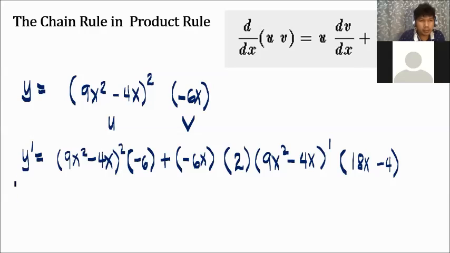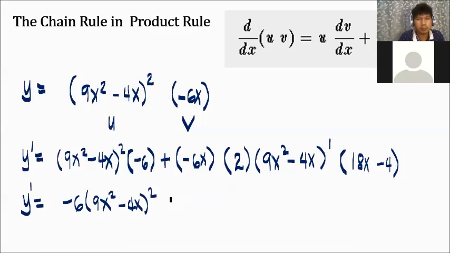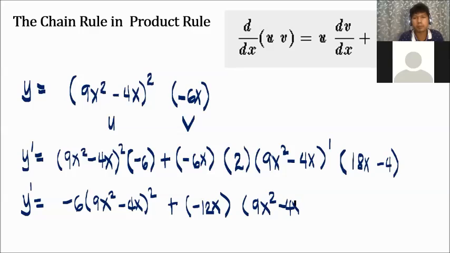For our final answer, we just simplify this one. y prime is negative 6 times 9x squared minus 4x squared, plus, here we can just write down negative 12x, then 9x squared minus 4x, and 18x minus 4.